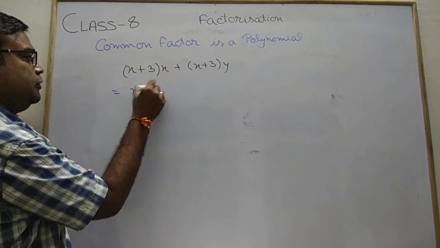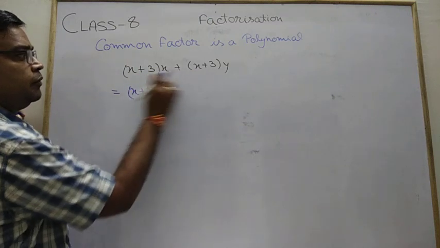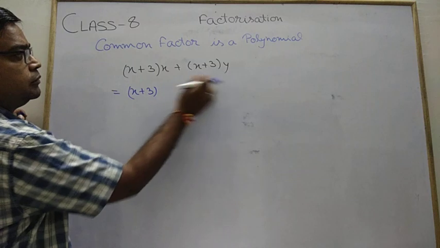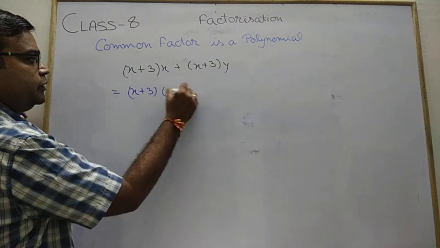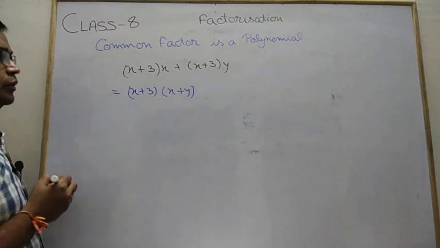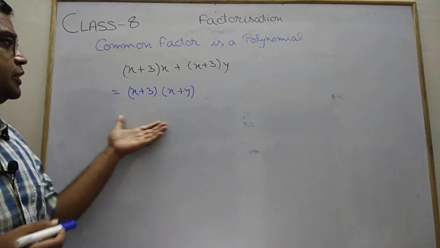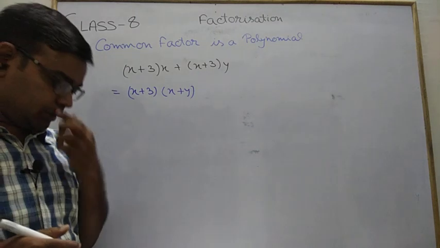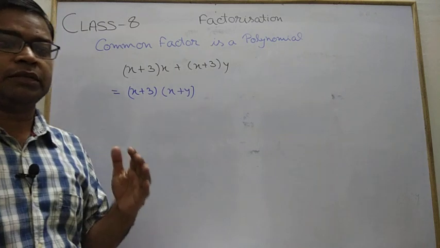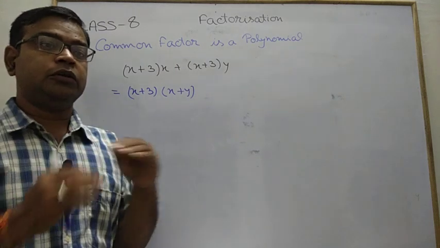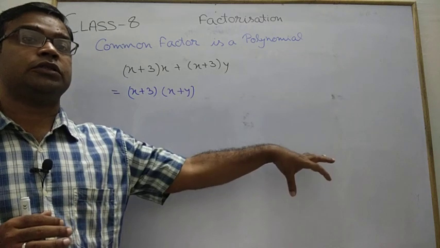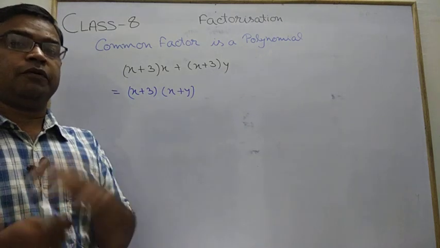We take x plus 3 common because it is a common factor in both terms. Then x is left here, y is left here. So this one is the easiest one, but math is sometimes tricky also, but we have to follow the proper steps to solve those tricky questions into a perfect solution.